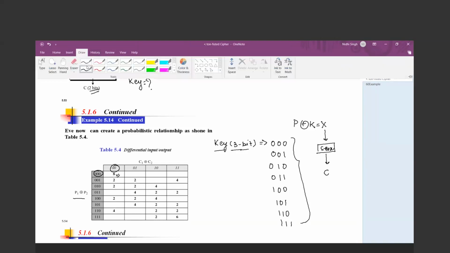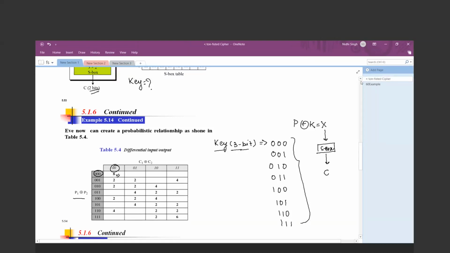So let me copy and paste the same diagram over another page.